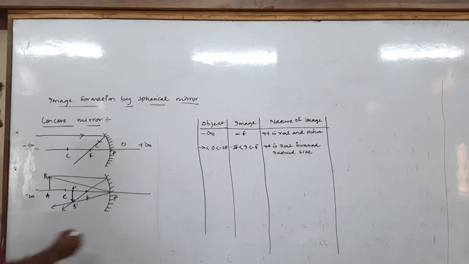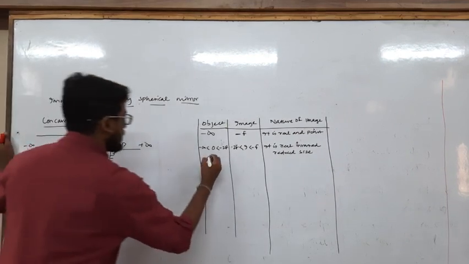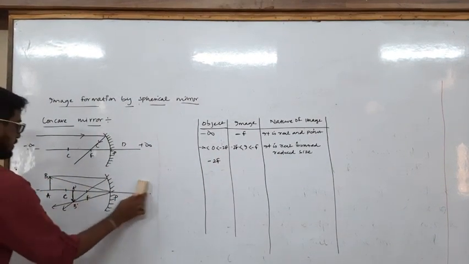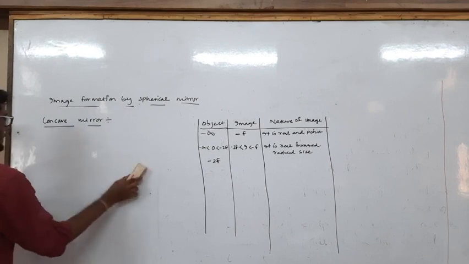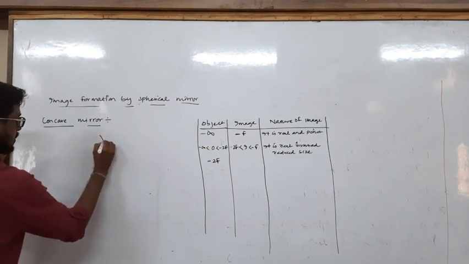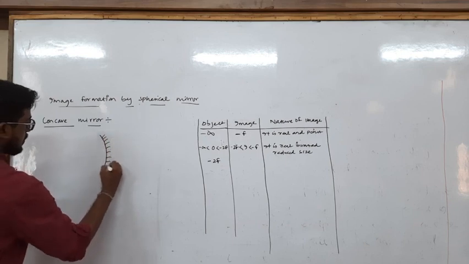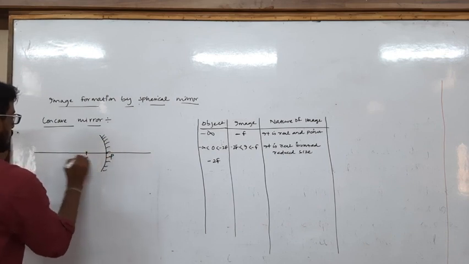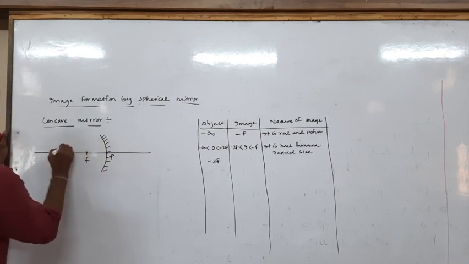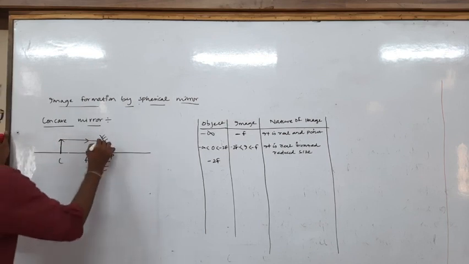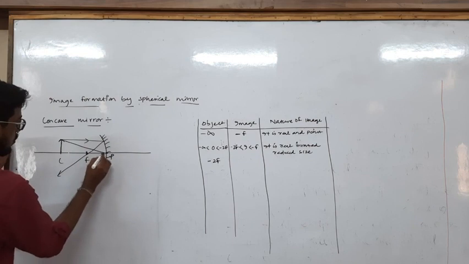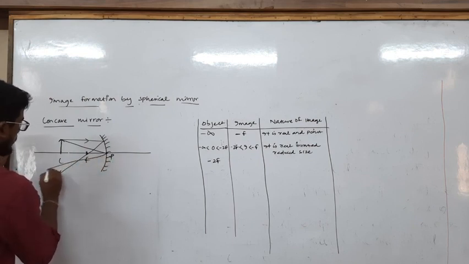Okay, then the third case, if the object is at the center of curvature, that is at minus 2F. So what will happen? This is the pole, focus, center of curvature, and the object is at the center of curvature. The ray which is coming parallel to the principal axis, after reflection, passes through the focus, and the ray which passes through the pole will come back making the same angle.